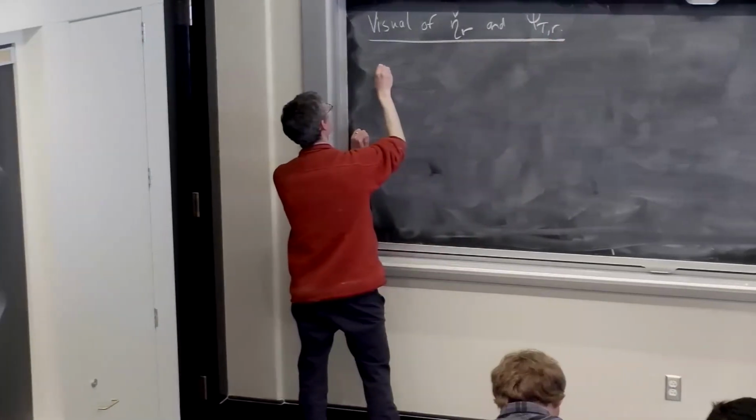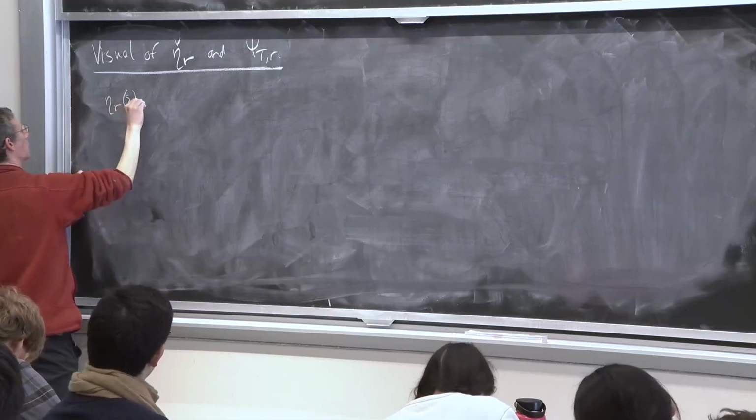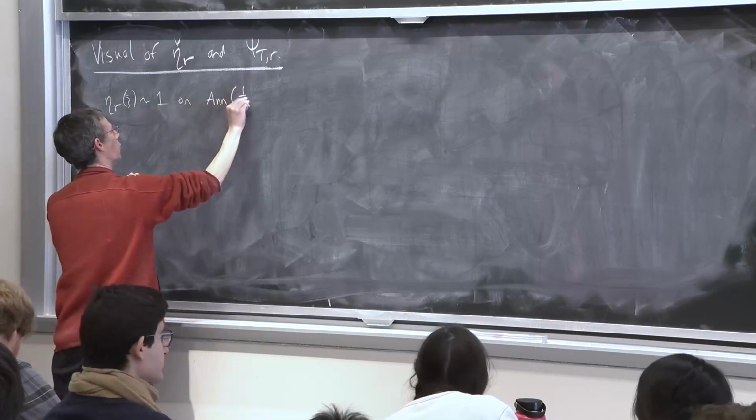OK. So the function eta r itself, eta r of xi, that's around 1 on the annulus of size 1 over little r.